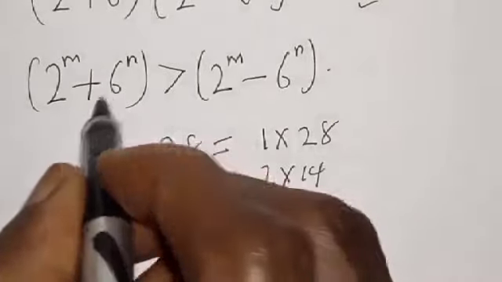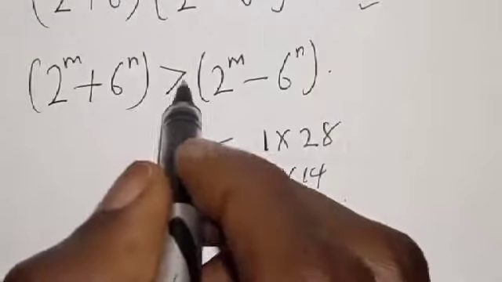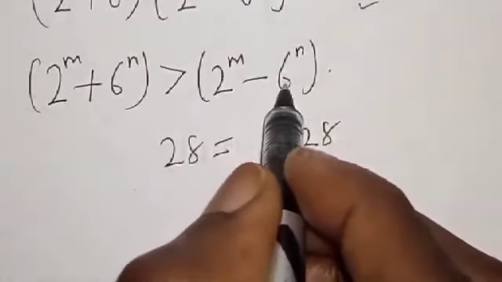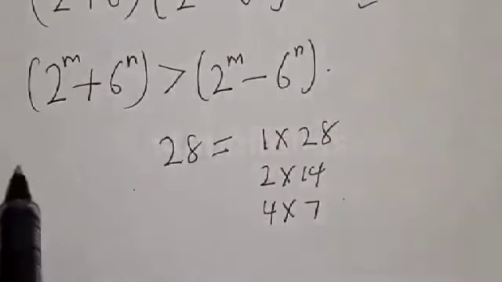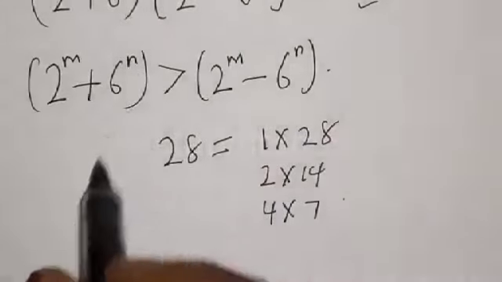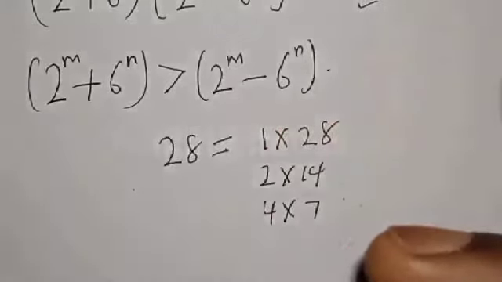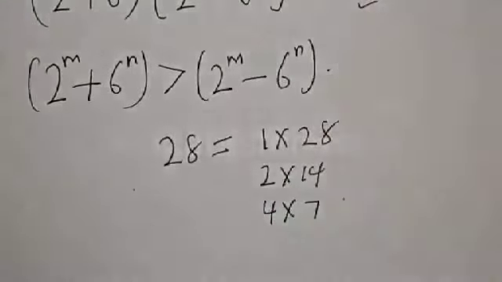Now from here, we say 2 raised to power m plus 6 raised to power n is greater than 2 raised to power m minus 6 raised to power n. It means that 2 raised to power any number plus 6 raised to power any number here is even, because we are looking for positive integer solutions.